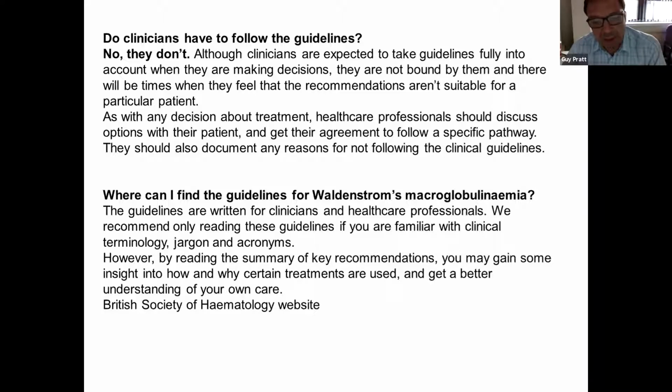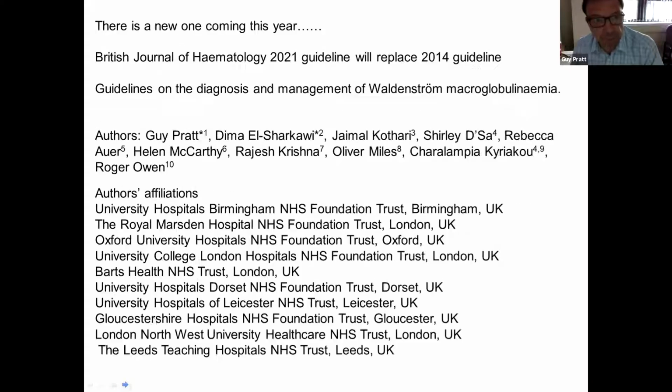As I say, the guidelines, so for the British Society of Haematology guidelines, they're on the British Society of Haematology website. And the last guideline was 2014, and we're about to update that. So this is the one that's coming out.